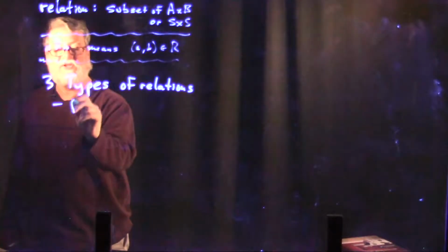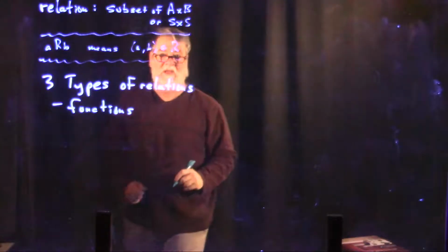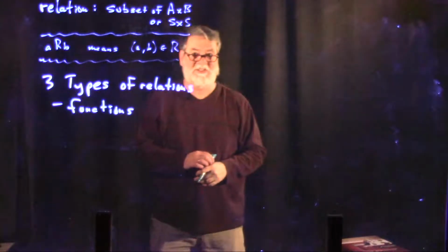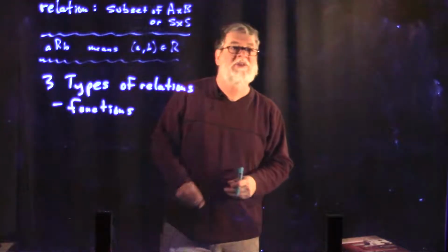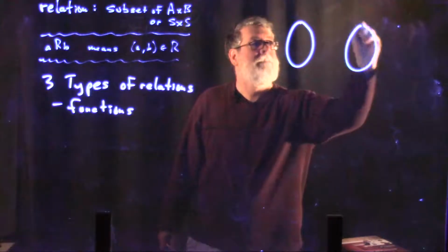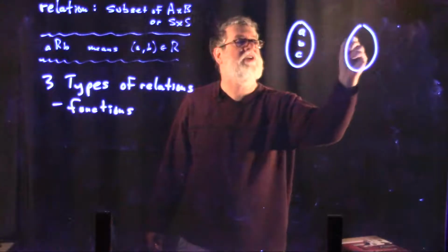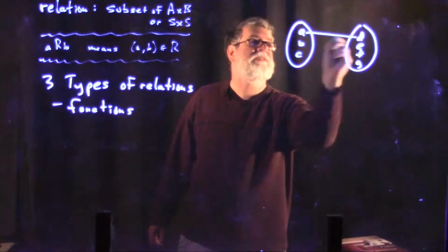The first one is functions. You already know all about functions, but we're going to think about functions here as just a special type of relation. So here's my picture. Here's a relation from A to B, with A, B, C over here and D, E, F, G over here.